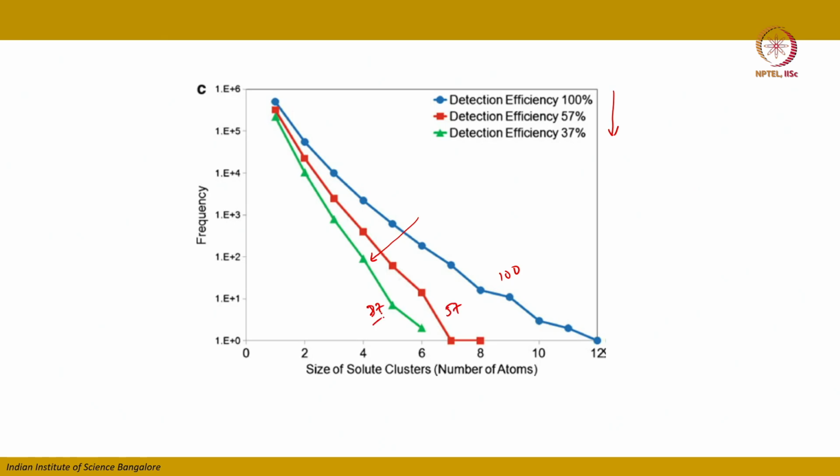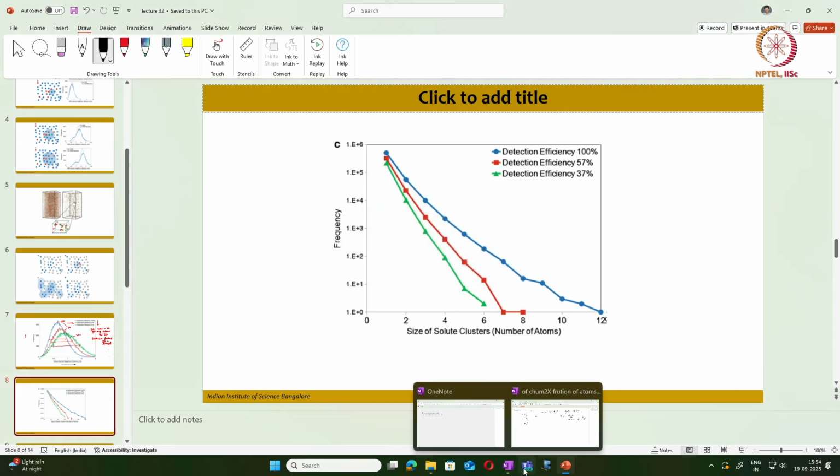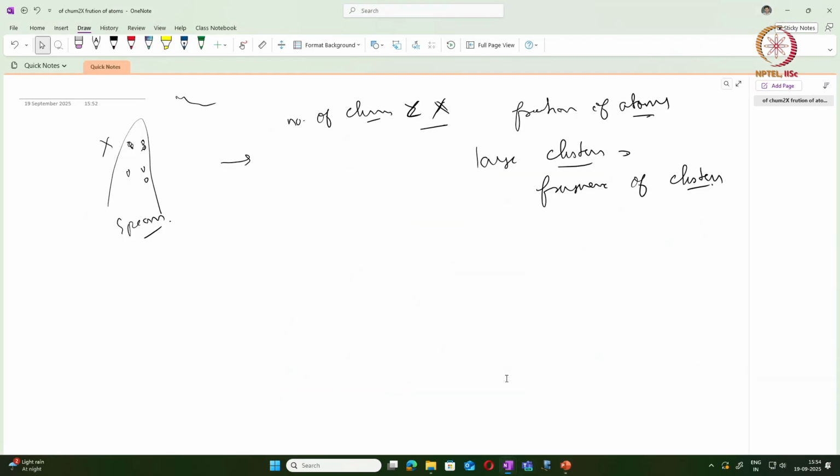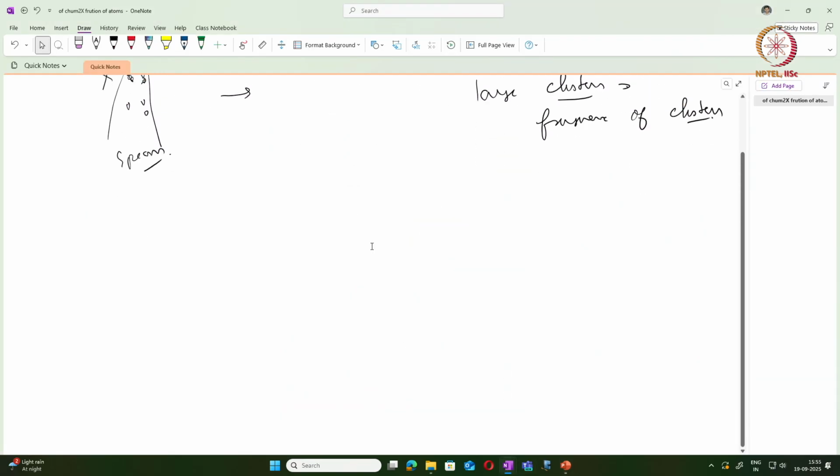It also reduces the frequency of these clusters. This is the effect of detector efficiency. Now we will go again to the radial distribution.